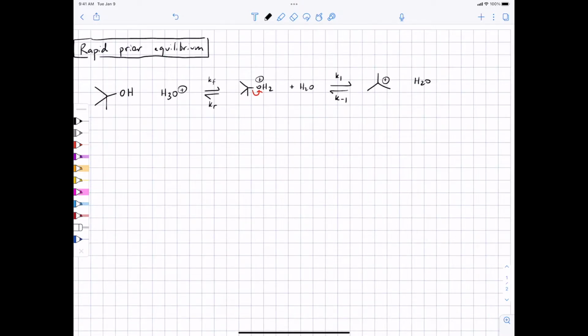And then we will have some nucleophile come in at this stage. And this will be an irreversible step to give us the substitution product.